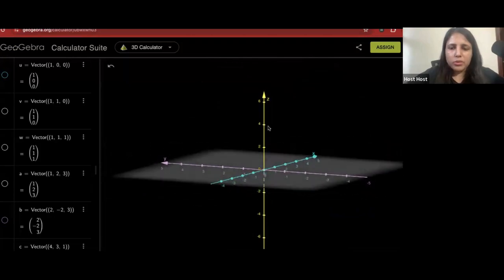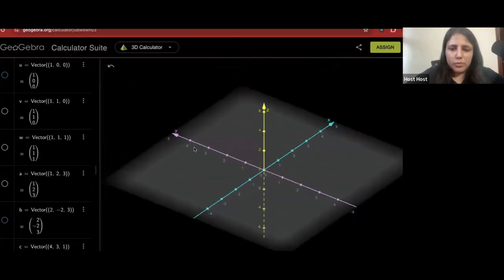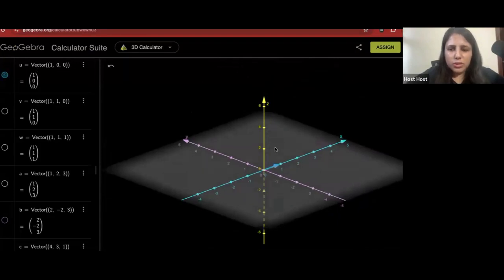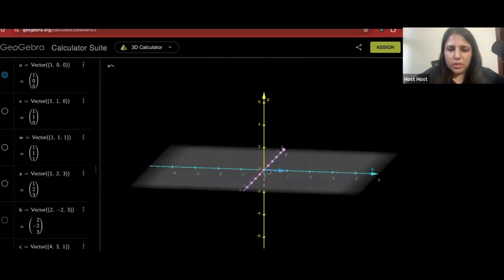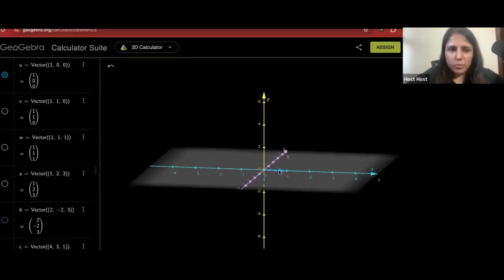Some people usually find it difficult to visualize a 3D vector, so I'll just make that easier for you. Suppose that my vector is 1, 0, 0. If you can see the pointer, this is X direction, this is Y direction, and this is Z direction. It's telling me that in X direction, you have to go one step. So here is the vector for 1, 0, 0, right?